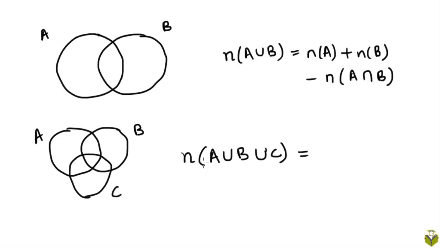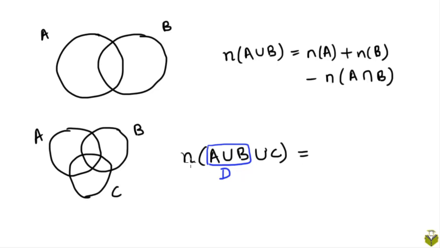So let's look at a couple of ways of deriving a formula for the number of elements in A union B union C. In the first method, I will treat A union B as a larger set called D, and the reason for doing that is we can eliminate two of these names and replace them with one name.